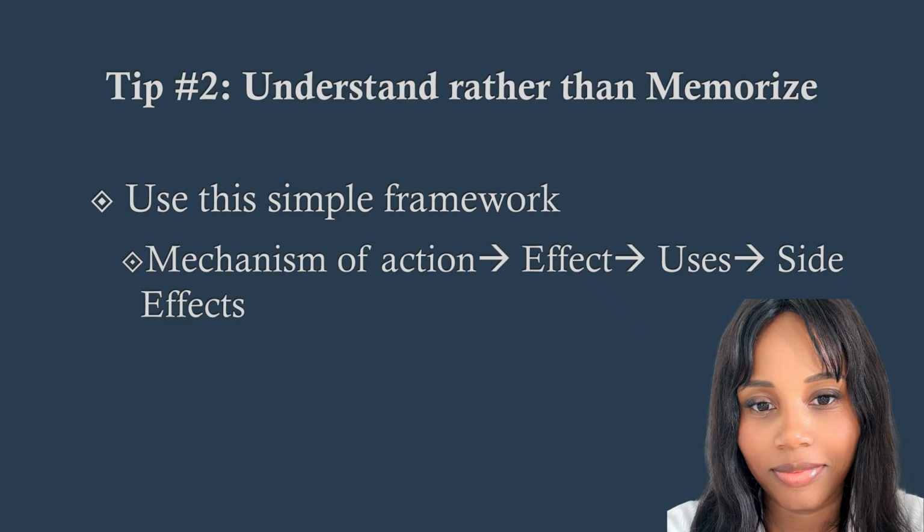Hypotension is a side effect. They can lower blood pressure. If they work too well, then they can cause hypotension. So understanding the mechanism, understanding the chain of logic helps you to retain the information better. So that way you're studying smarter and not harder.